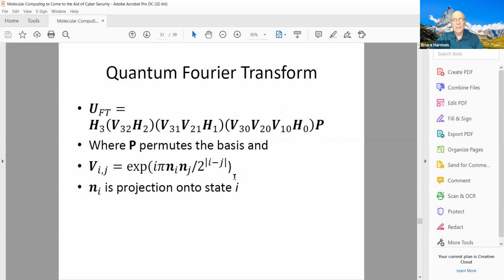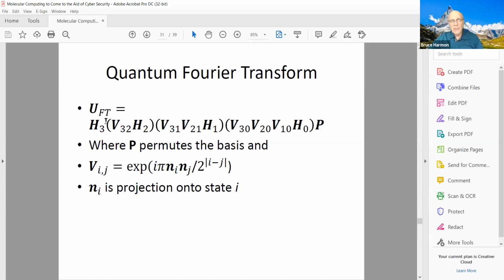So again, quickly, quantum Fourier transform is this U sub FT. And here we have the Hadamard and this V, which is defined below as V(i,j) is the exponential of all this, where the i's and j's are substituted. So for example, 3,1 would have 3 in the i position and 1 in the j position, and n sub i is a projection onto the state i.